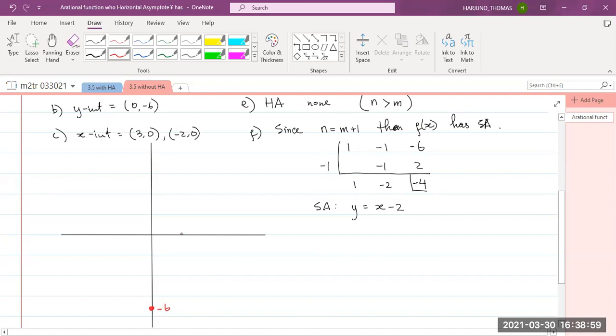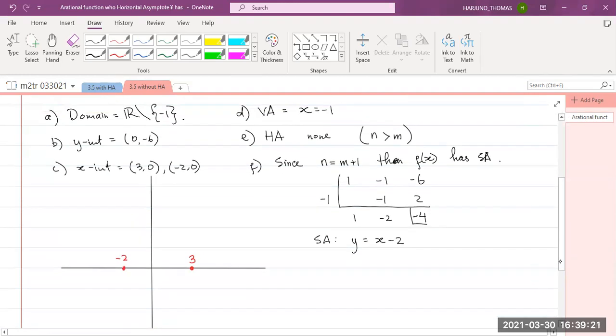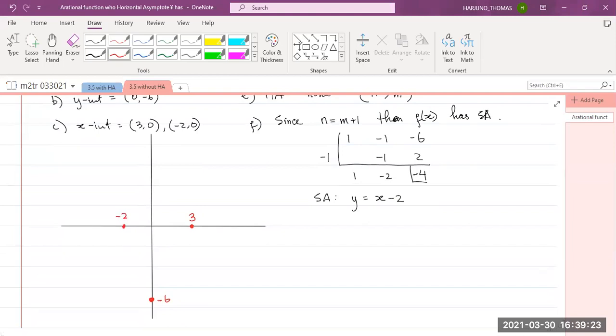The x-intercepts (3, 0), approximately here, and (-2, 0), approximately here. The vertical asymptote is x equals -1, so approximately here.